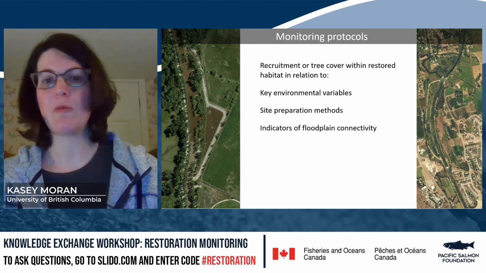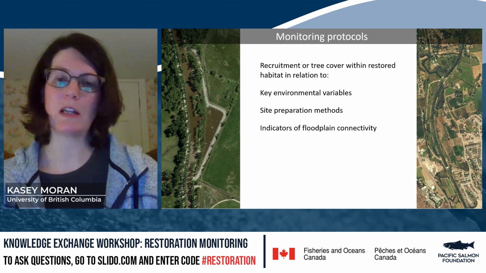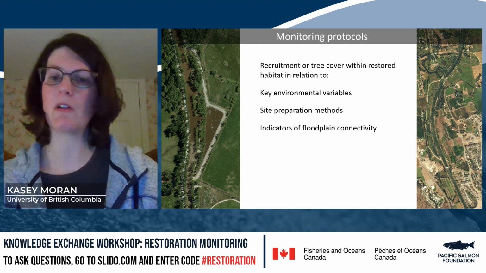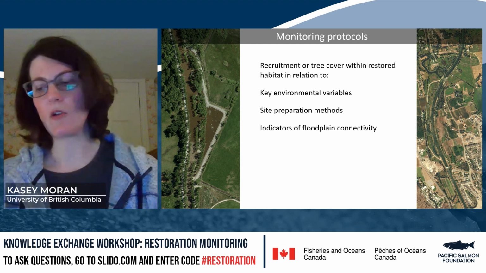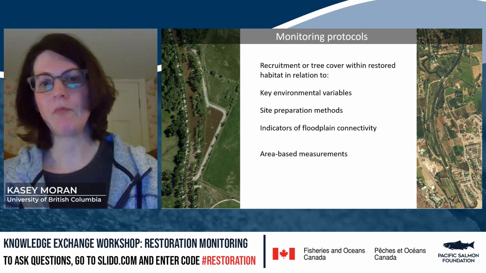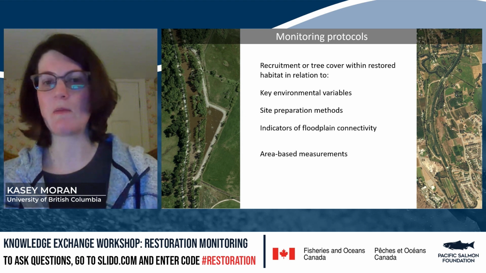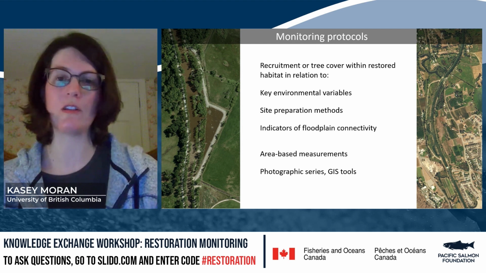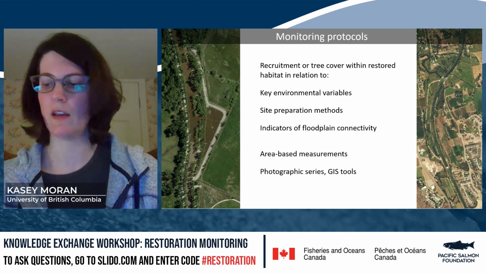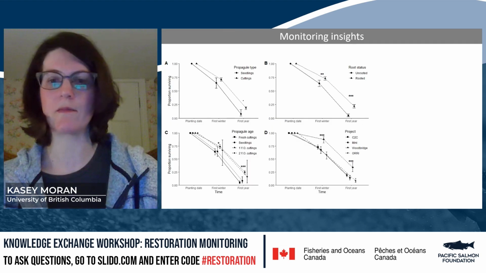And in this case, maybe some kind of indicator of floodplain connectivity, like the period and depth of inundation, or maybe sediment scour and deposition. These measurements might be more area-based. You might make use of photographic series or GIS tools, as opposed to looking at individual plants.